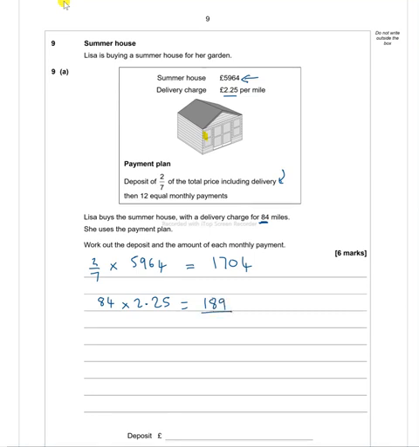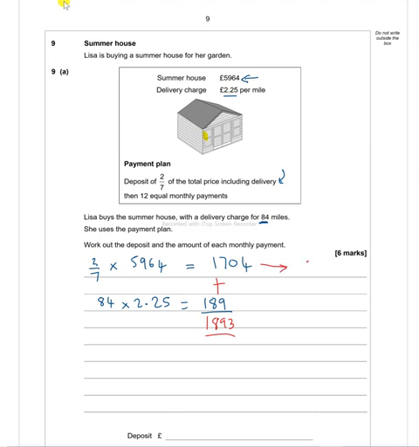Work out the deposit. Right, so the deposit is these two numbers added together. 1704 plus 189 is 1893. Check the mark scheme in a bit whether we've interpreted that right. Right, now how much money is left?